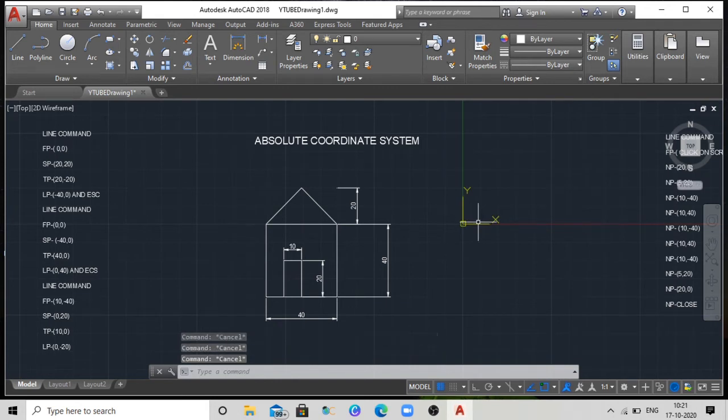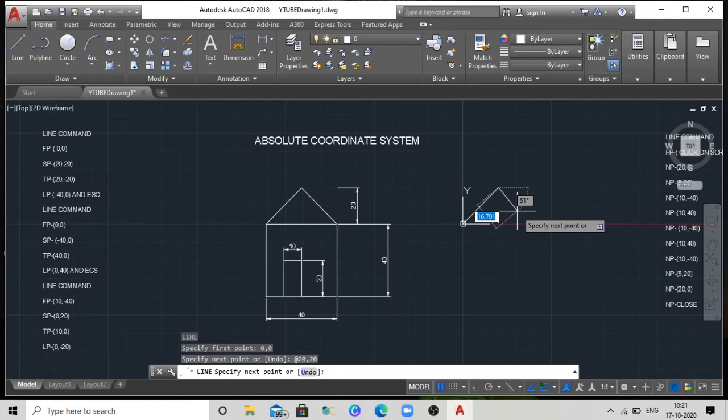First we will take the line command. We will take the first point as 0,0. Here it came. We will take the second point equal to 20,20. Here it came.